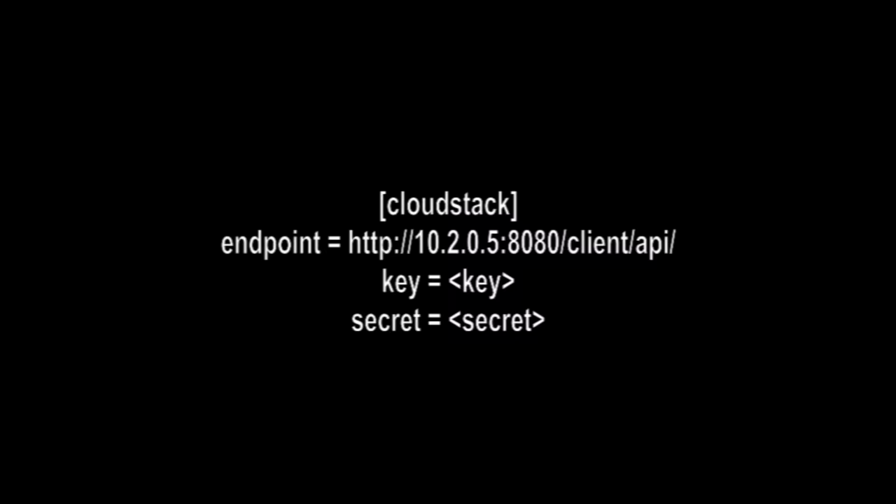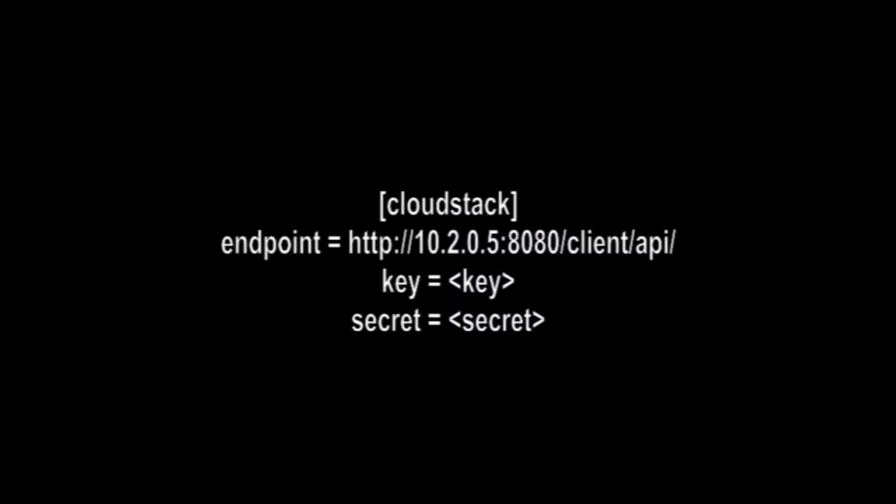You just need to get your API key from the lab.shapeblue, so your API key and your secret, and you just update that. And the endpoint is the internal IP address of the lab, so it's 10.2.0.5, which is the same as lab.shapeblue.com.